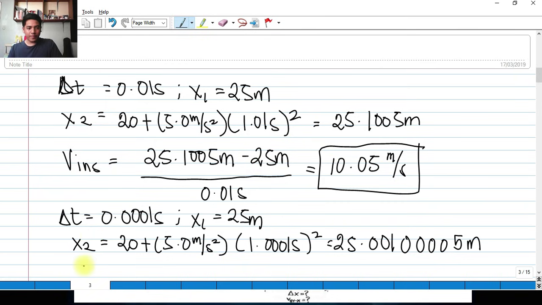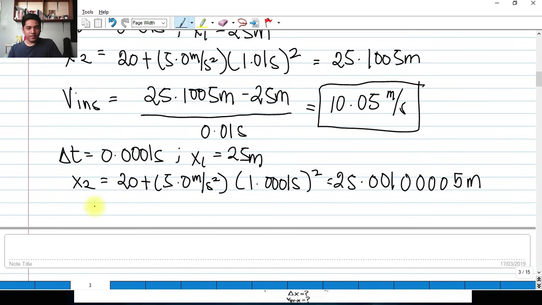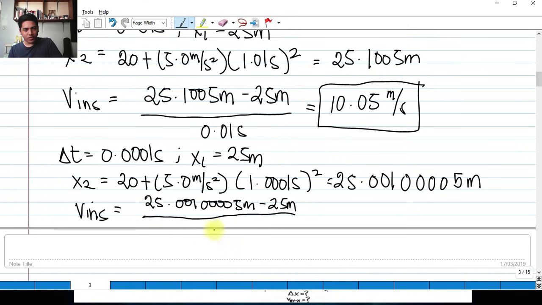Calculating that, still using our formula, V ins is equal to 25.0005 meters minus 25 meters divided by our delta t, which is 0.0001 second. So that should be 10.0005 meters per second.